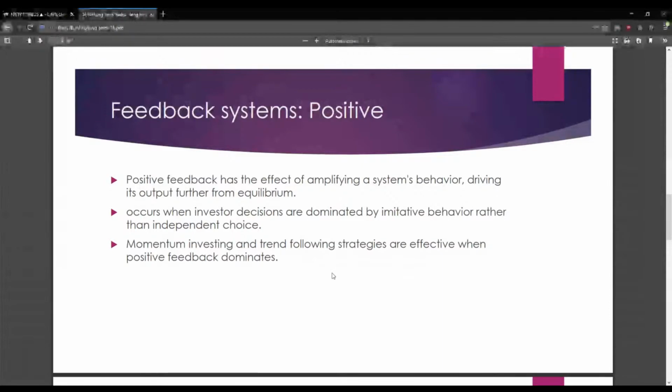Usually, momentum investing, breakout investing, or trend following strategies are more effective when positive feedback is the one dominating rather than negative.